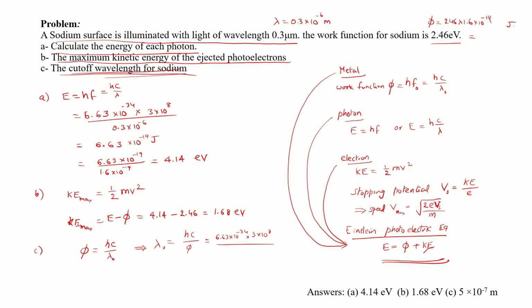The work function should not be in electron volts. Whenever we are using these types of formulas, we use only SI units. So 2.46 times 1.6 times 10 to the power of minus 19. The final answer for the cutoff wavelength is 4.8 times 10 to the power of minus 7 meters.